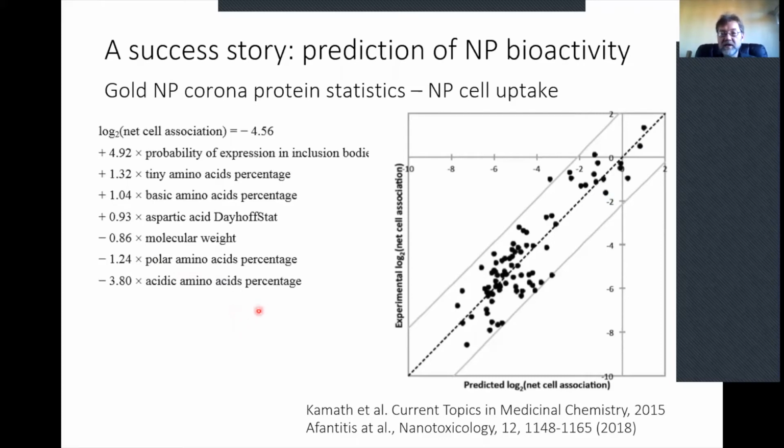And it's quite understandable because basic or small amino acids actually determine how the protein interacts with the surface. It reflects the properties of the surface in some integral way that are responsible for that interaction. And this we see as a way to go.